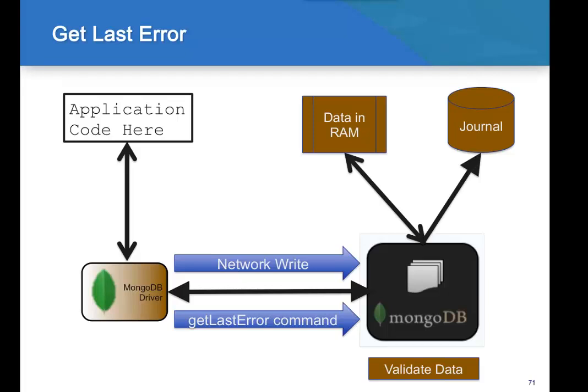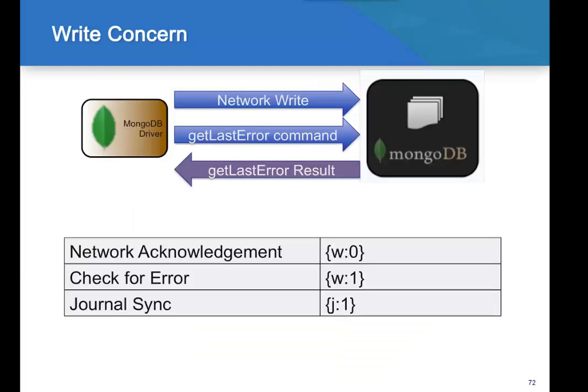Sometime later, MongoDB will get the data, it will validate the data, and it will send back a response to the get last error saying whether or not that data was valid, whether or not that write succeeded. And that is how the application knows if a write succeeded or not.